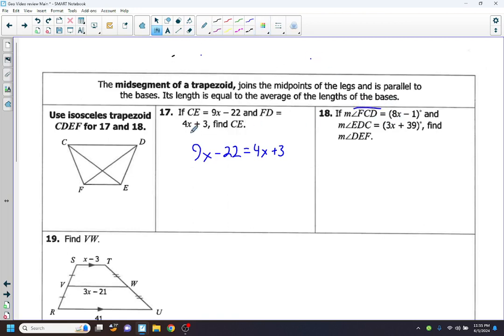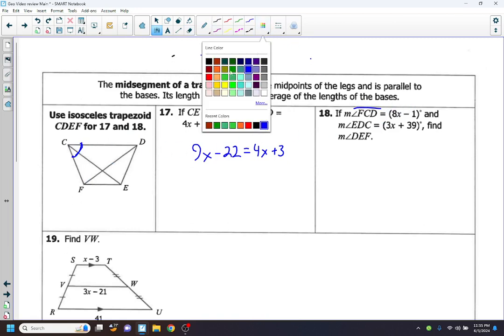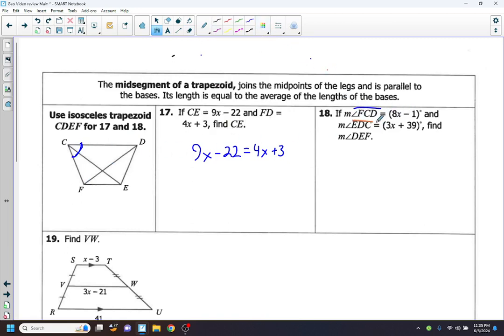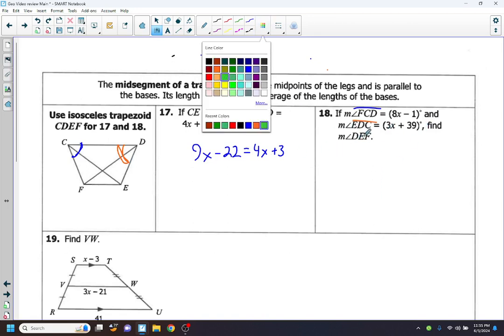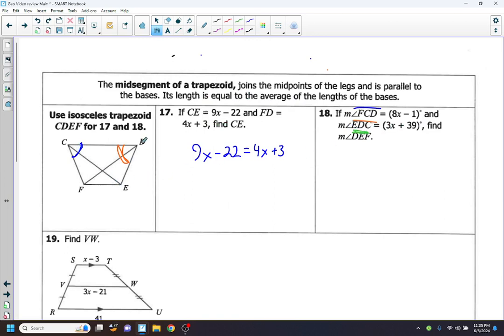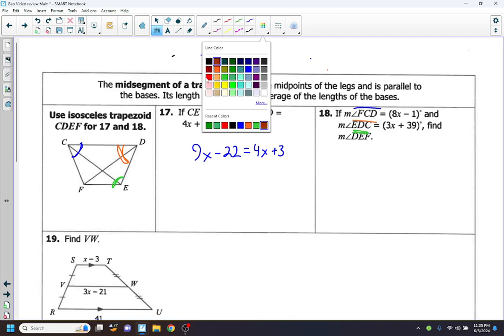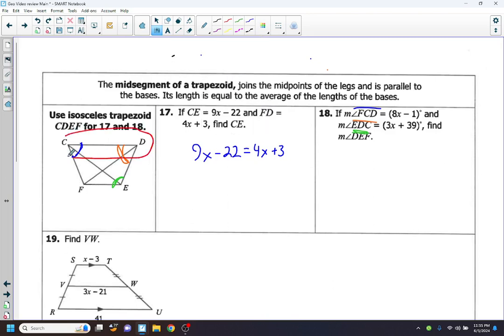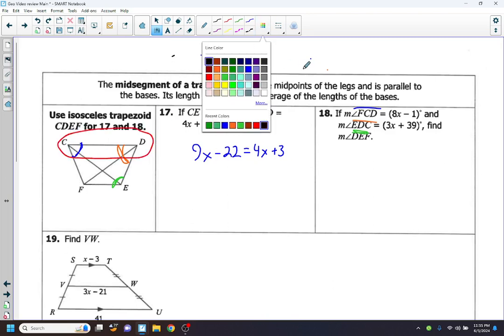In this scenario, angle FCD, so this whole angle over here, is 8x minus 1. And angle EDC, so this whole angle over here, is 3x plus 39. Find DEF. So DEF is this angle over here. Because these two are base angles, they share the same base, they are congruent to each other.